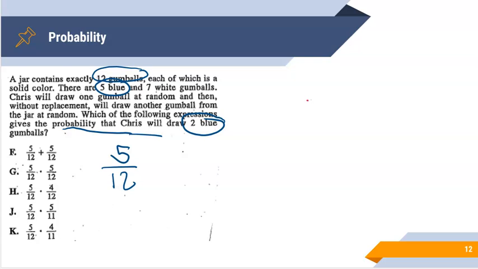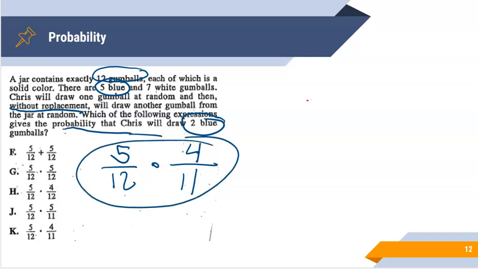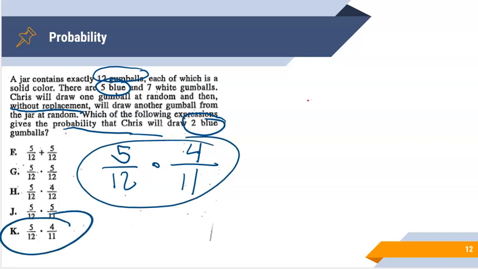Now we're told that it's without replacement, probably because Chris is busy eating them. What would be my next probability of getting a blue? Well, the target now is going to be 11, right? Because there's 1 less. We had 12 gumballs. Now we only have 11. And in terms of blues, we had 5. Well, now we only have 4 left. So this is what our setup would be. And if we look at this, it is letter K.